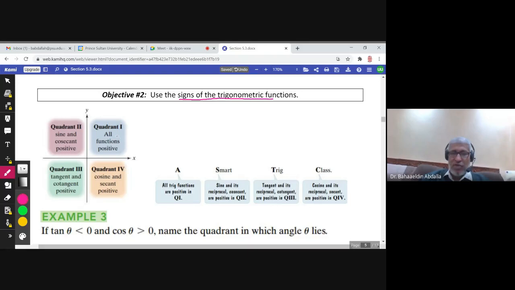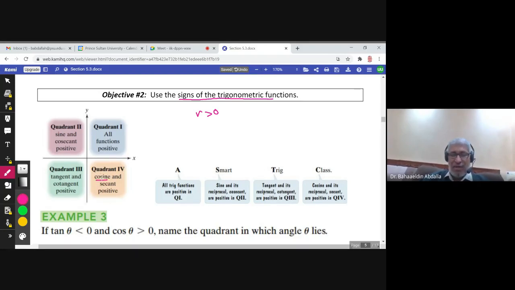So in quadrant 1 and quadrant 4, x is positive. Remember that r is always positive, which is the distance from the point xy to 0, 0. But x could be positive and could be negative. If x is positive, then cosine is positive. So cosine is positive in the first quadrant and in the fourth quadrant.